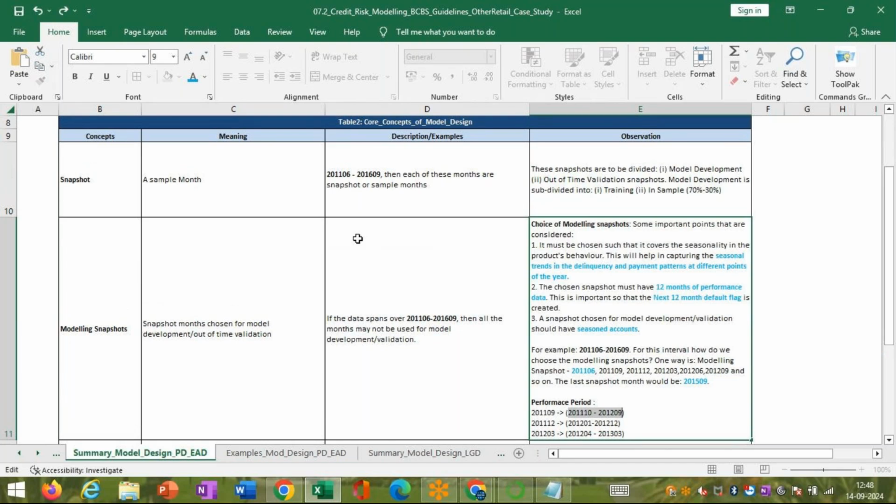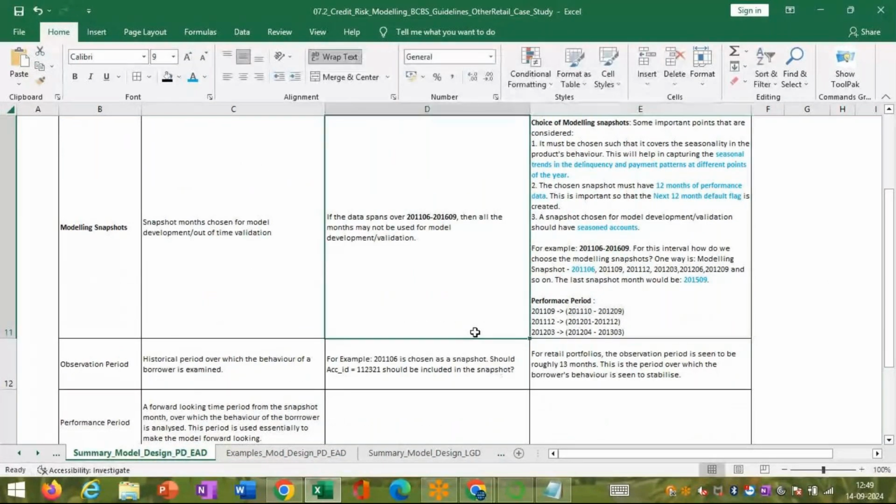Say that the data snapshot contains the period from this period to this period. From these months to choose the modeling snapshot, these are the criteria that we have looked at or that had to be taken into account. And from there, you can go on to explain to them the concept of performance bad, ever bad definition, and so on, right?